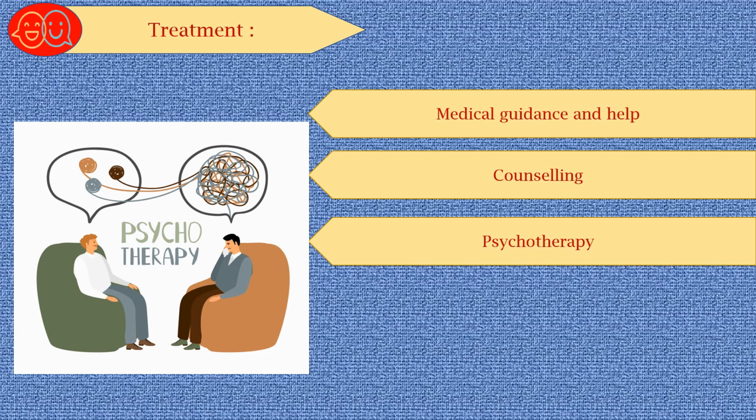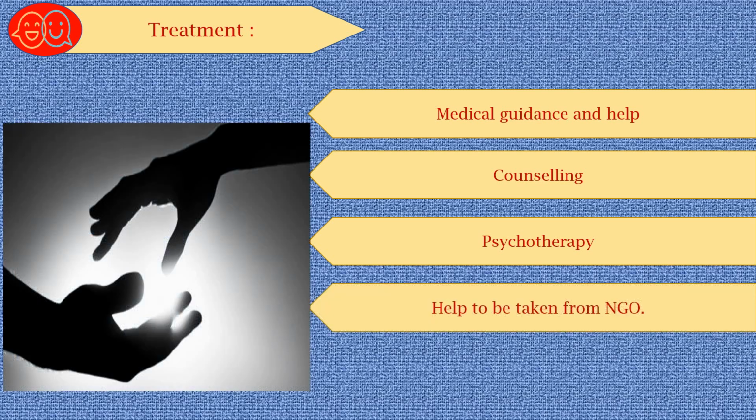Psychotherapy can help eliminate or control troubling symptoms so a person can function better and can increase well-being and healing. And also, many NGOs provide a helping hand. So students, now let us see information about some NGOs which provide help.